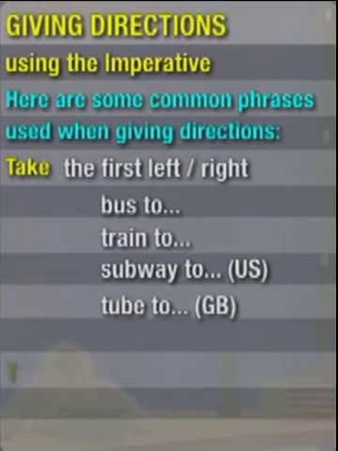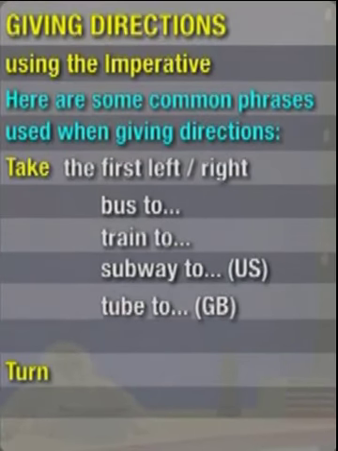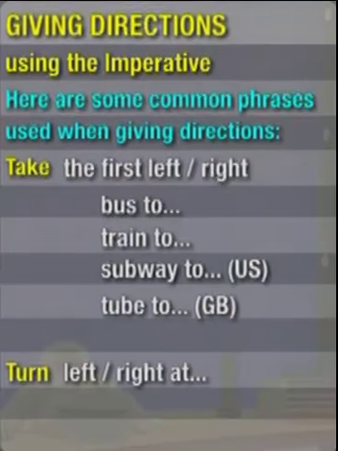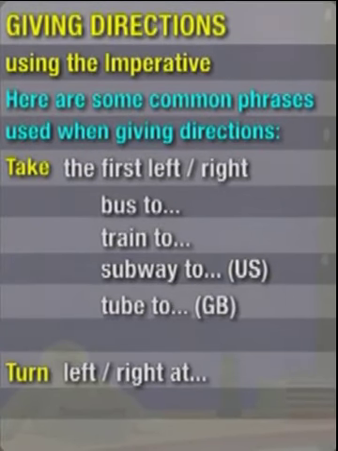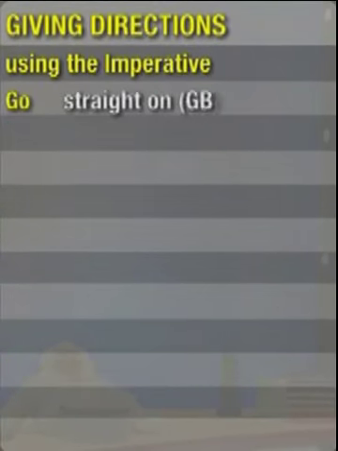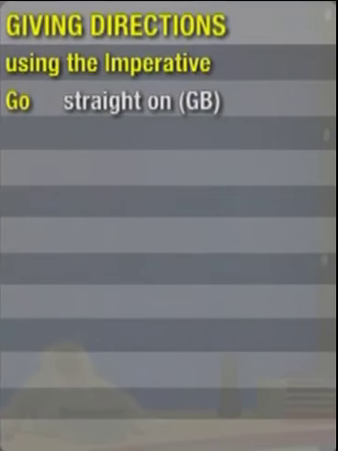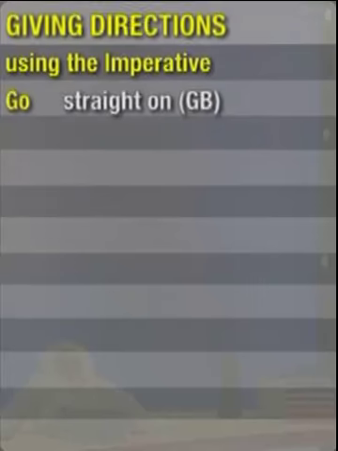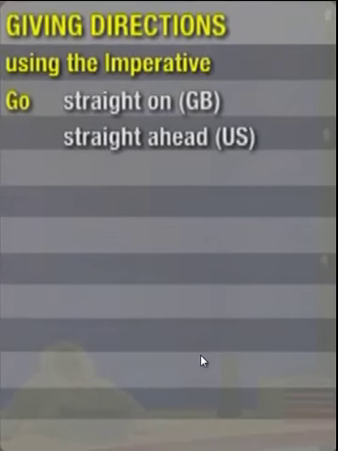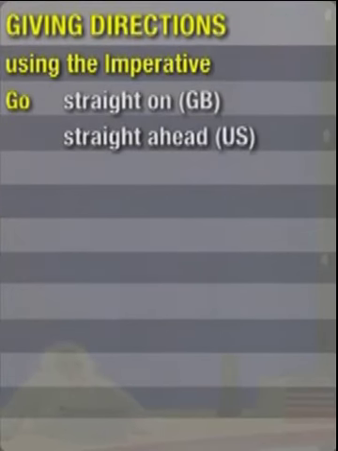Another example. Turn left, turn right. So turn is the verb. Turn left, turn right. Okay? Another possibility is go straight on, which is an expression we use in Britain, or go straight ahead, which is an expression that they use in America.